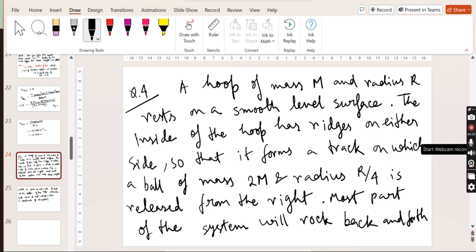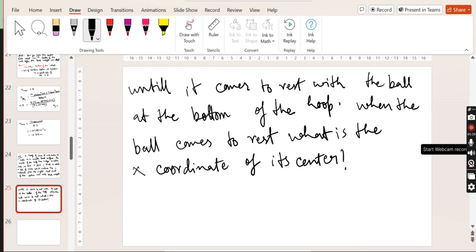The inside of the hoop has ridges on either side, so that it forms a track on which a ball of mass 2m and radius r/4 is released from the right. The system will rock back and forth until it comes to rest with the ball at the bottom of the loop. When the ball comes to rest, what is the x coordinate of its center?